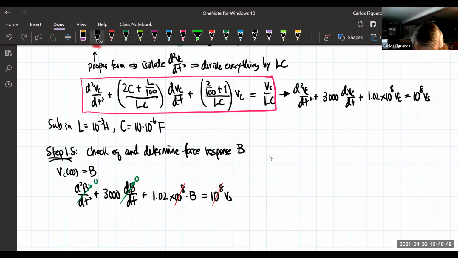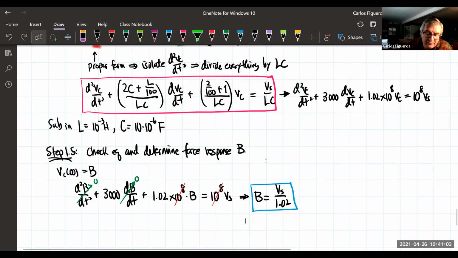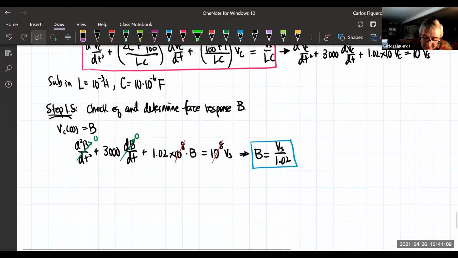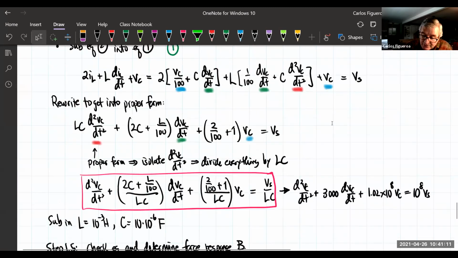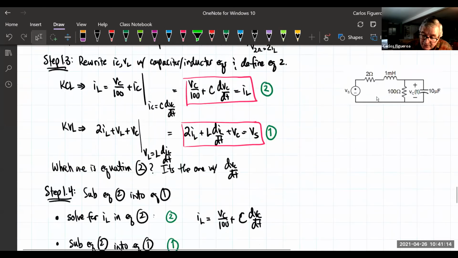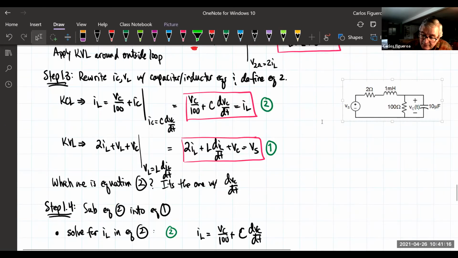So therefore, B must be V source divided by 1.02. That's what my equation is telling me. But note, we looked at this guy already. If I go to the circuit, let me bring that circuit down so we could see it again, just to remind you what we did.